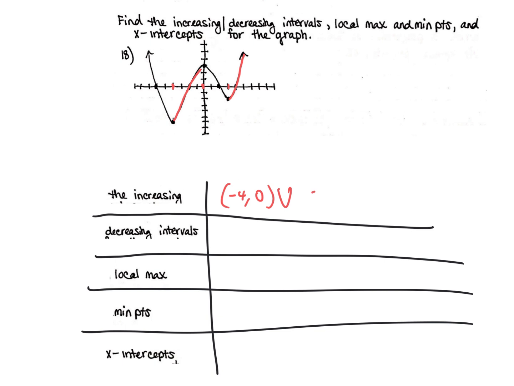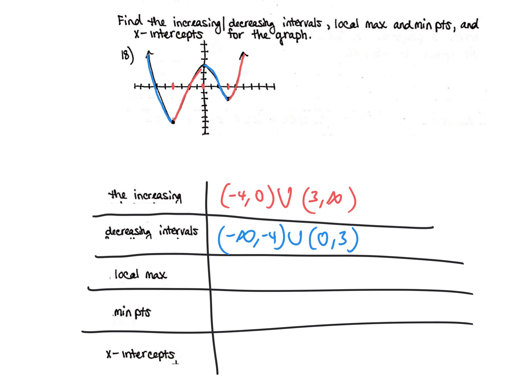Then it goes from 3 to infinity. So those are the increasing. Now we want the decreasing. Well, that's all the blue section, is it not? So that goes from negative infinity to -4, union from 0 to 3.